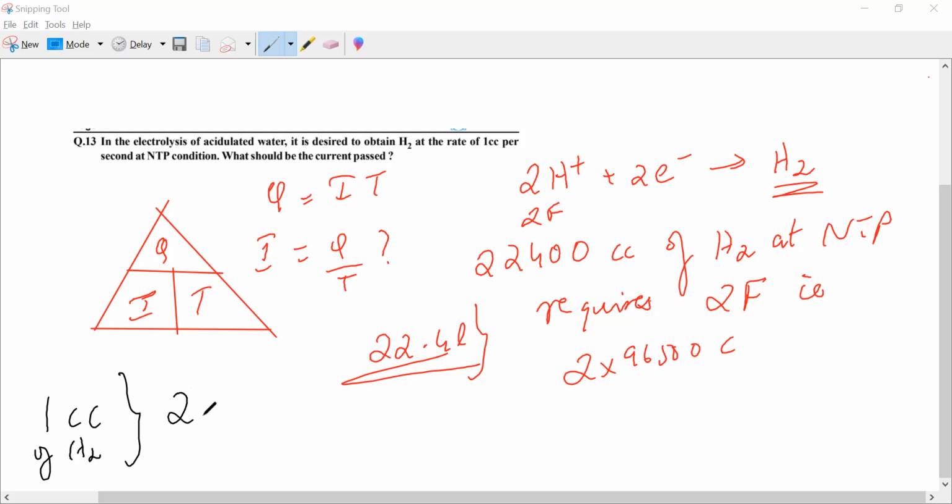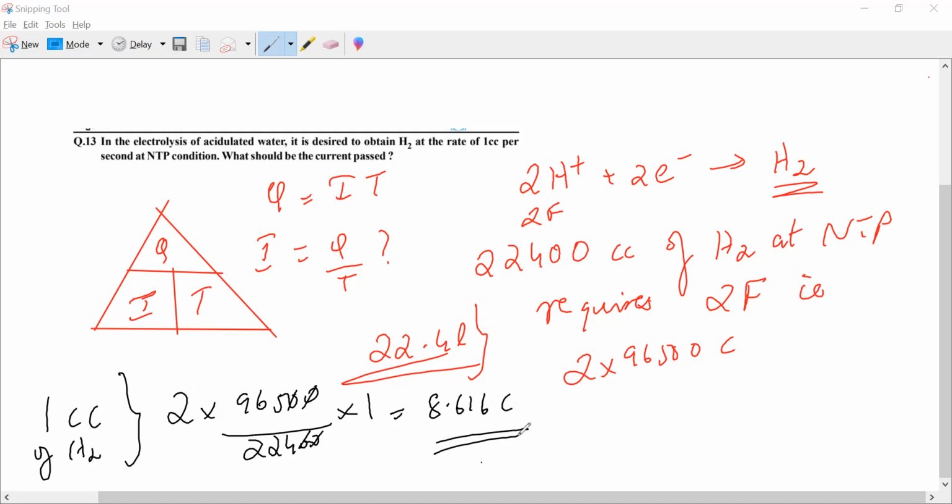What is it? 2 into 96,500 by 22,400. And what is the mole? 1 mole. So either I can multiply with the Avogadro number or with the mole. Anything is fine. So I'm just multiplying with the mole. If I cancel everything and do the math, I'll get 8.616 coulomb.